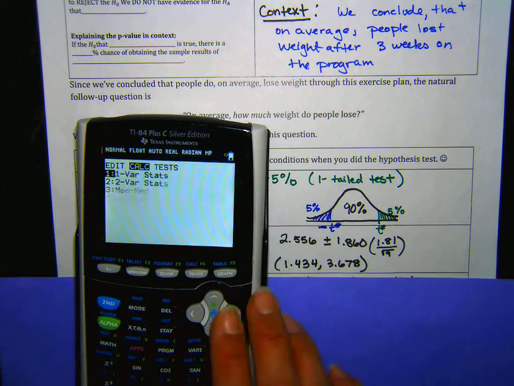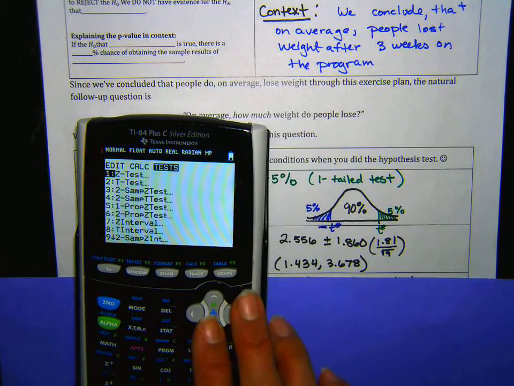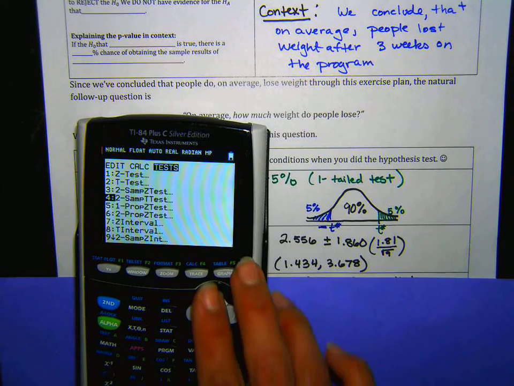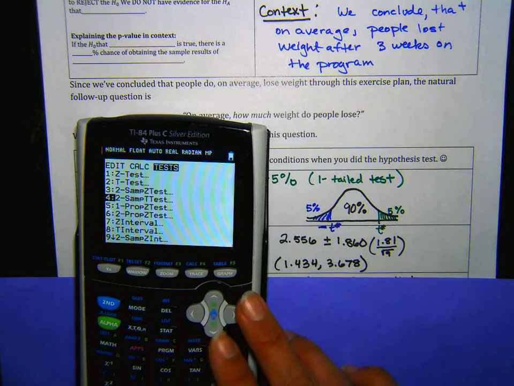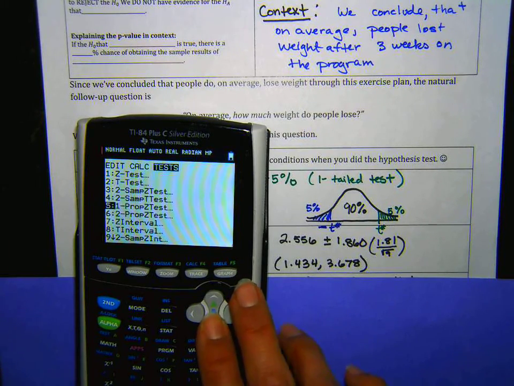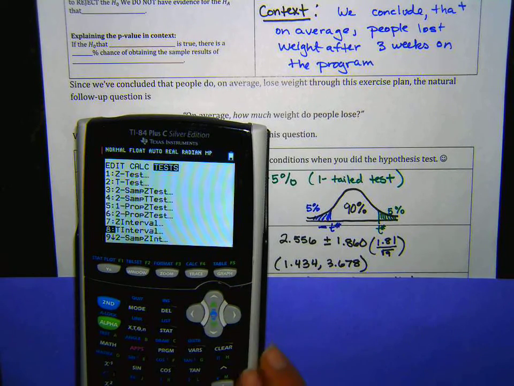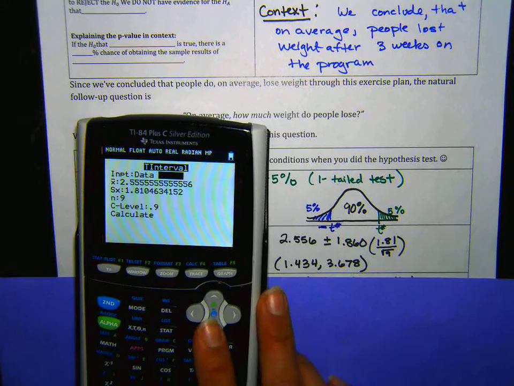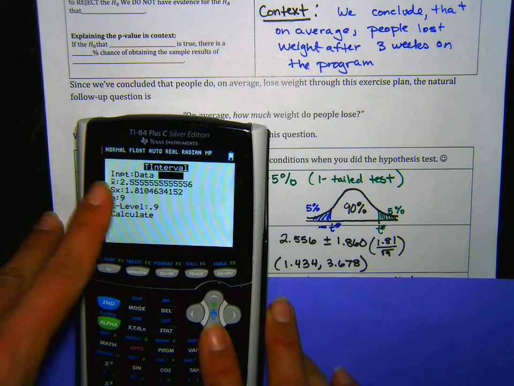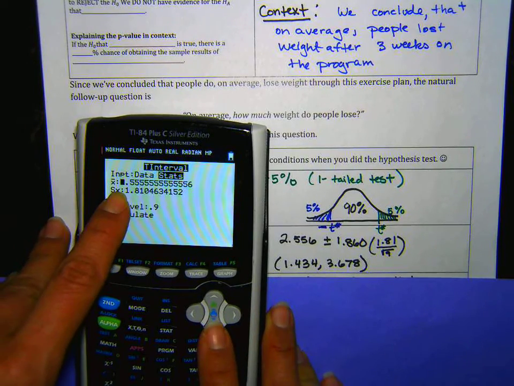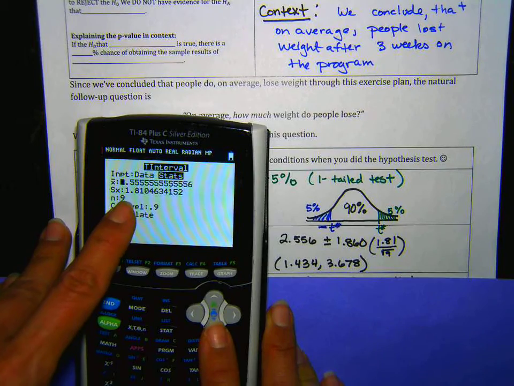Now again, you can do all of that in your calculator. If I go to stat test, one sample T interval, we're doing an interval. I type in the stats. My sample mean was 2.556. My standard deviation of that sample is 1.81.